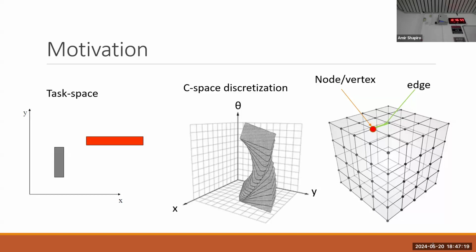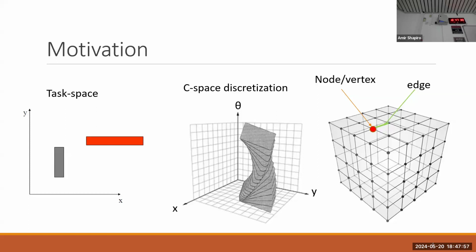Now it is discretized. And if we want to plan a motion in this configuration space, from one point to another, we say that each point on this discretized configuration space is a node or a vertex of the graph, and each line that connects two vertices is an edge.